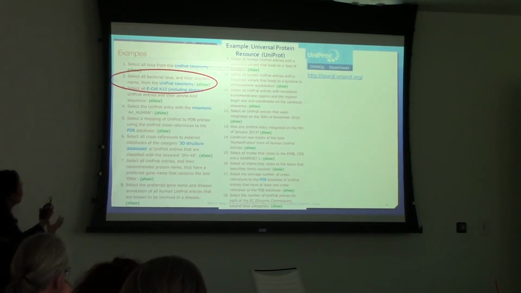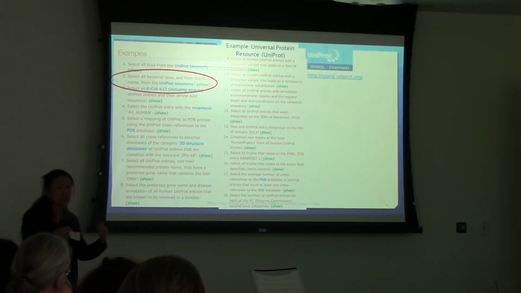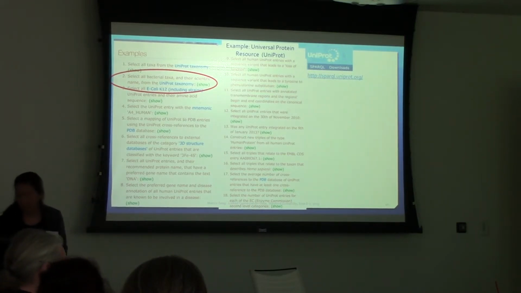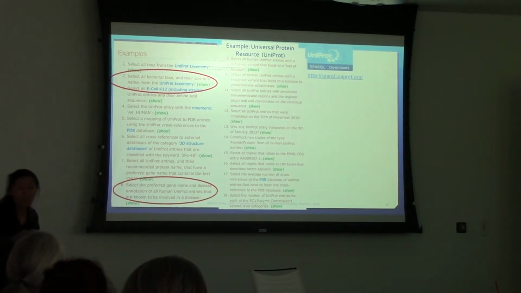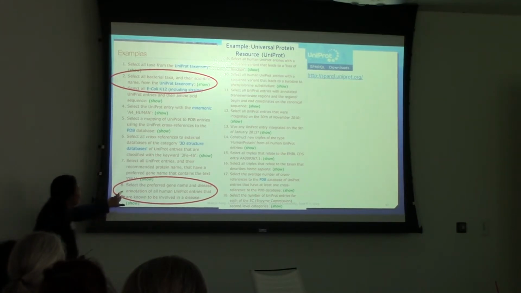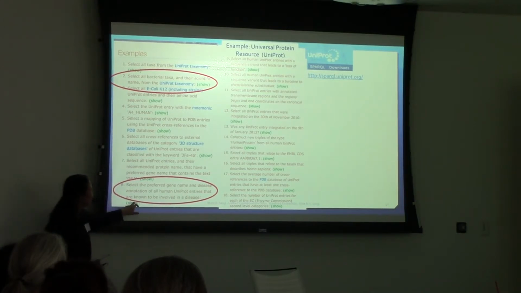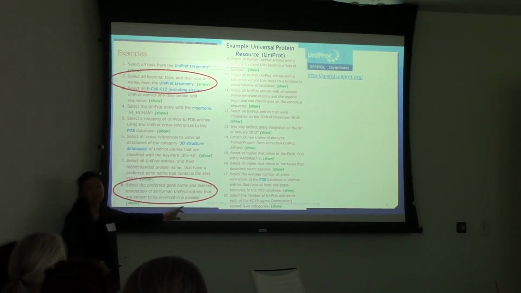Something, for example, just like we did, select, give me the categories or give me a taxonomy of that. But you can also see other examples. For example, select the preferred gene names and disease annotation of all human UniProt entries that are known to be involved in a disease.